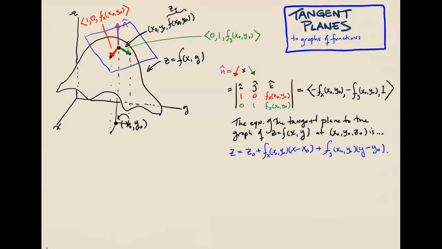So not surprisingly, what this is telling us is that if we move away from that point, what's the new height going to be? Well, we're going to start at z0, the original height. This is giving us the rate at which z values change in the x direction, and that's multiplied by the distance we've moved in the x direction. And this is giving us the rate at which z values change in the y direction, multiplied by the change in the y coordinate.